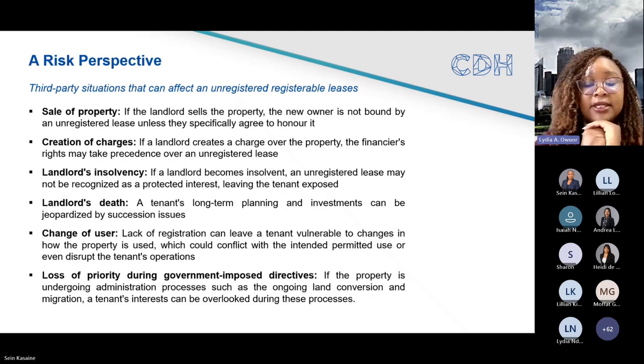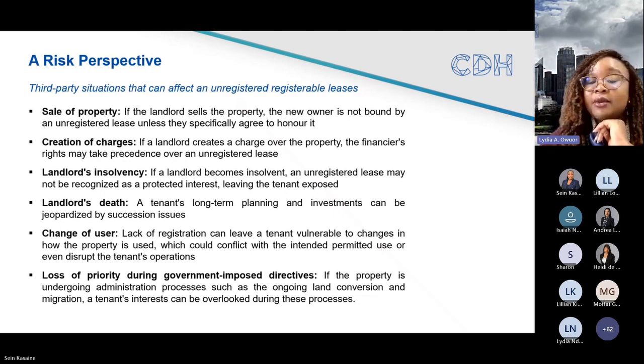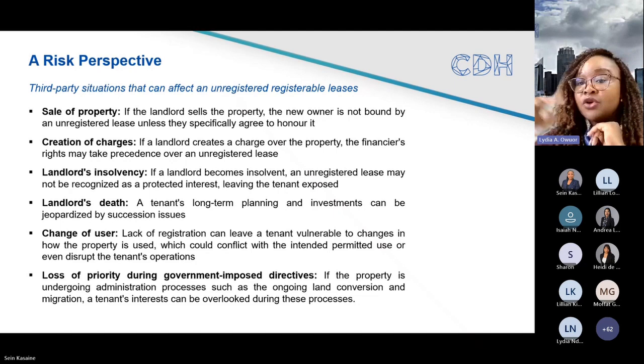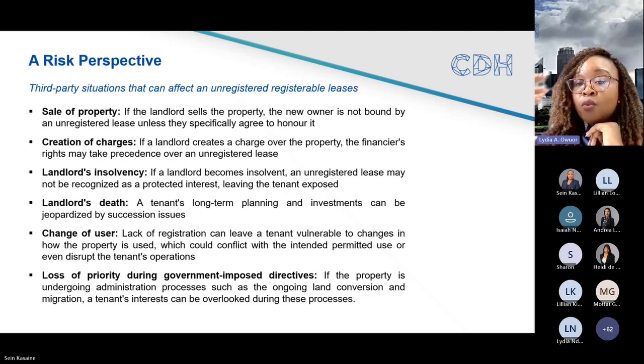So what that means is that a tenant will have no legal standing when the lender is enforcing their rights. And I'm not saying that you can't enforce the contract between yourself, the tenant, and the landlord. What I'm saying is that you will not have a legal standing in relation to having cushioned yourself against third-party interference when this lender is enforcing their rights.